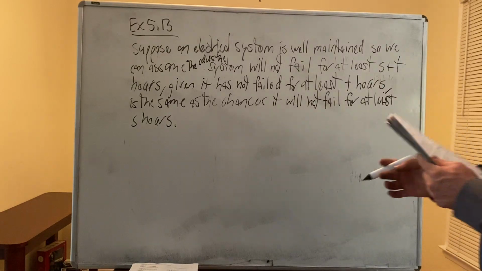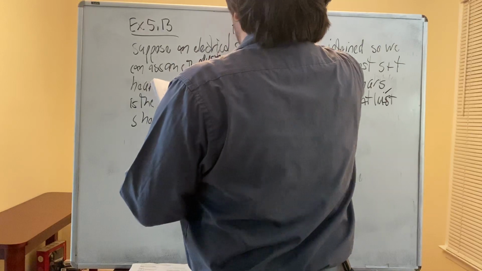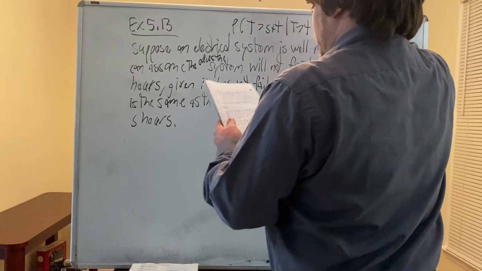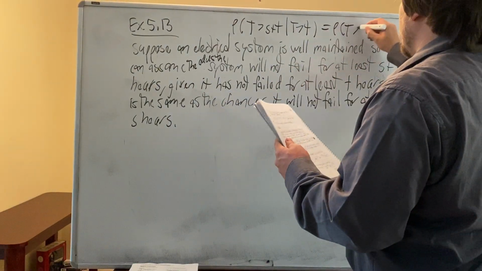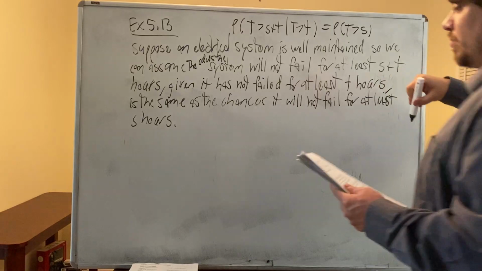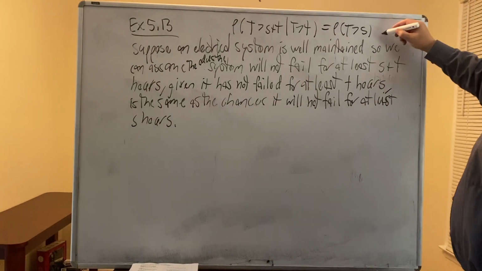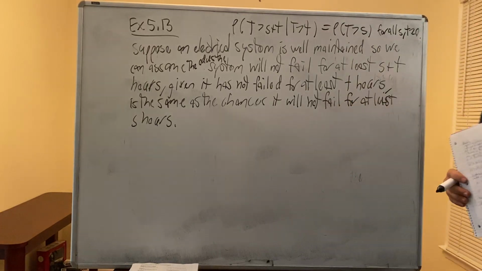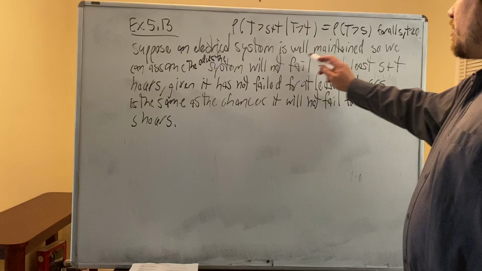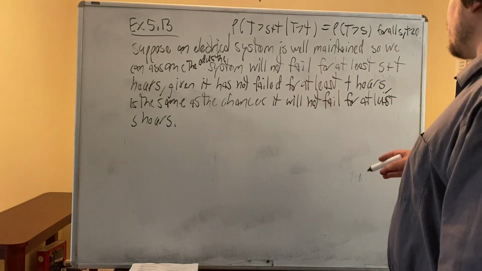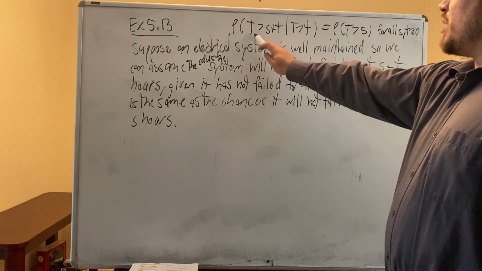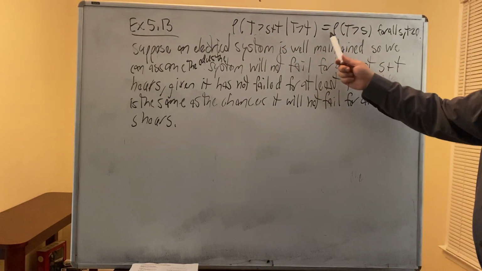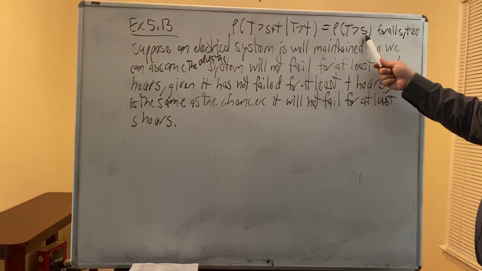This relates to the probability that capital T is greater than s plus t, given that capital T is greater than little t, is equal to the probability capital T is greater than little s. And this is for all s, t greater than or equal to 0. Suppose an electrical system is well maintained, so we can assume the odds the system will not fail for at least s plus t hours, given it has not failed for at least t hours, is the same as the chances it will not fail for at least s hours.